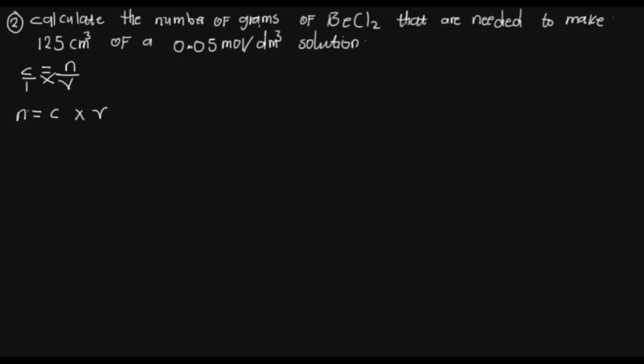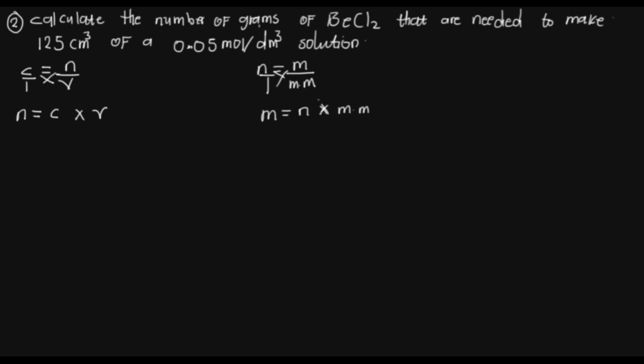So after finding the number of moles, we can now go back to the formula where mass is involved. Number of moles is equal to mass over molar mass. So over 1, if you want to find mass, it is found by multiplying the number of moles times the molecular mass.